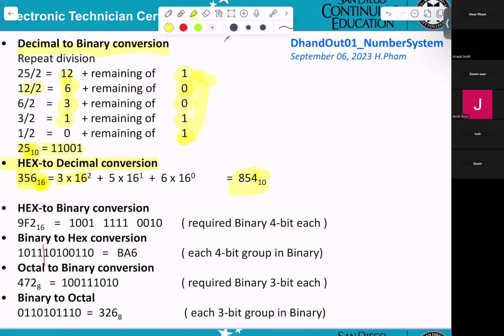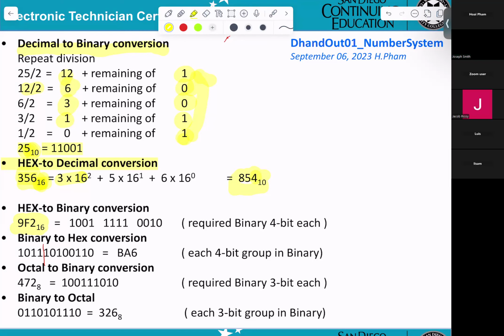Okay, this is just a thing for you guys to exercise. You get hex to binary conversion. 9 F 2, hexadecimal. We need binary.